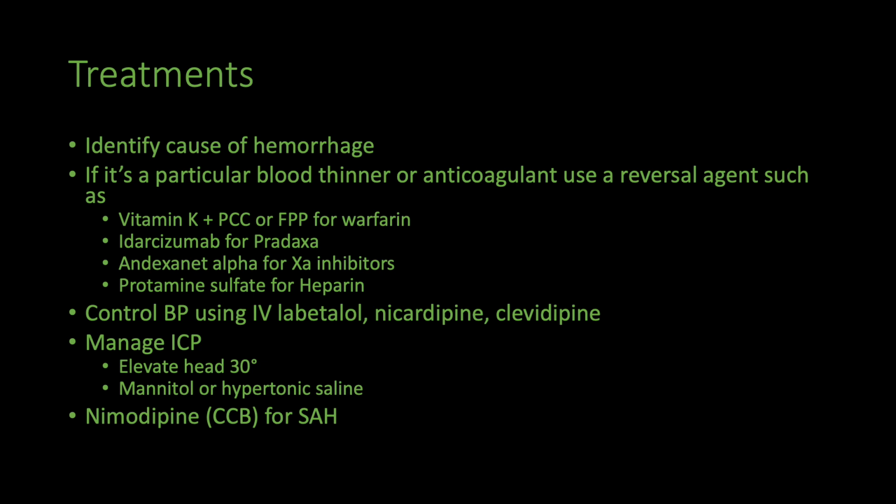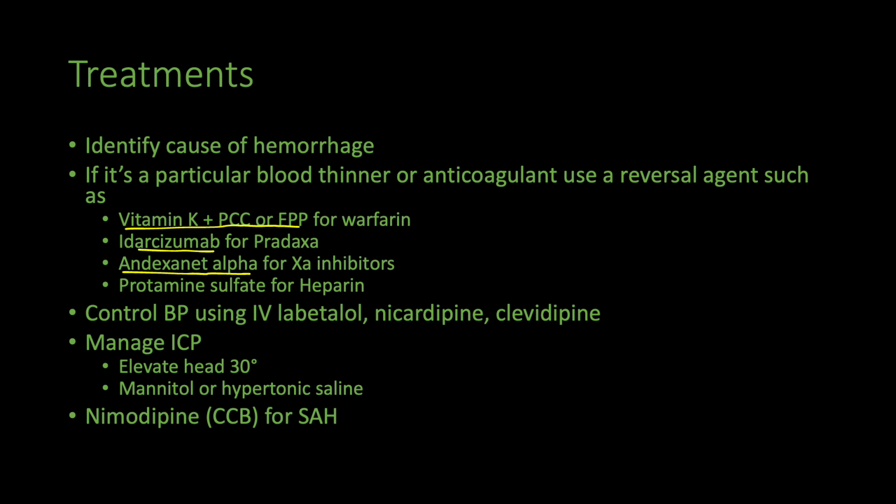So you need to understand vitamin K and PCC for warfarin, idarucizumab, excuse me for my spelling here, for Pradaxa, and Andexanet alfa for the 10A inhibitors, protamine sulfate for heparin. And you already know the mechanisms of these main medications that are used as blood thinners. I'm just going to show you quickly how the reversal agents work in the next slides.